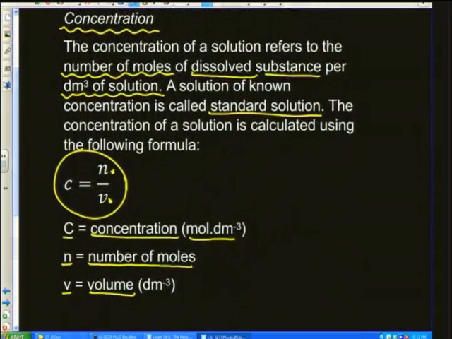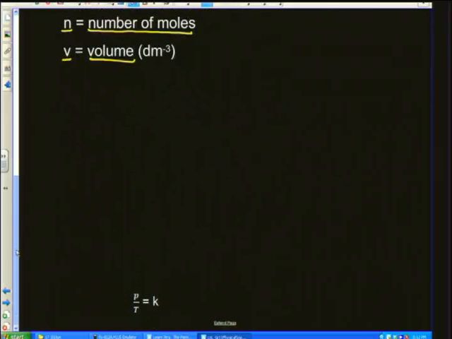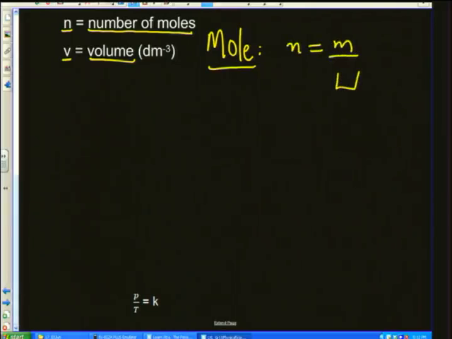So you would see here, we're talking a lot around moles. Let me use this part here to link up something. Mole. We saw that from the given mass, number of moles will be equal to given mass over molar mass.